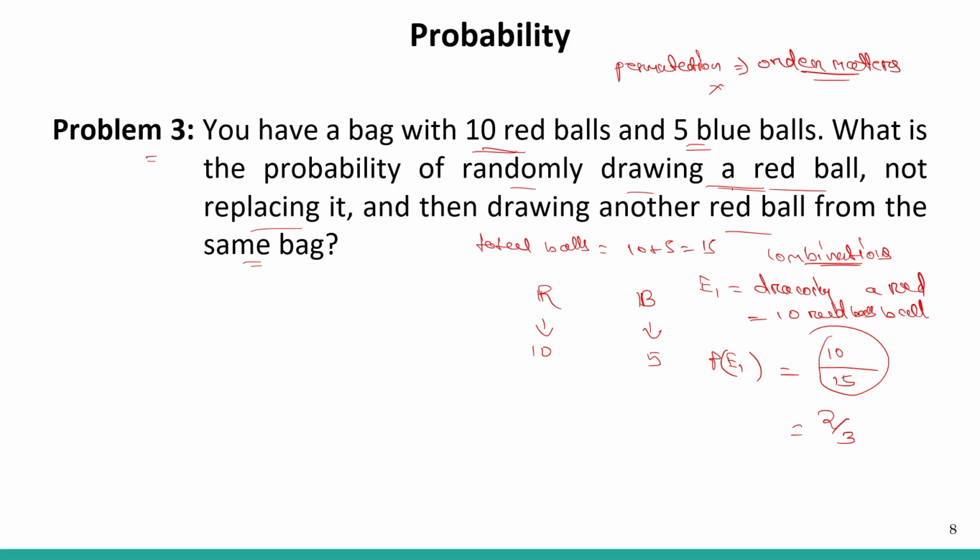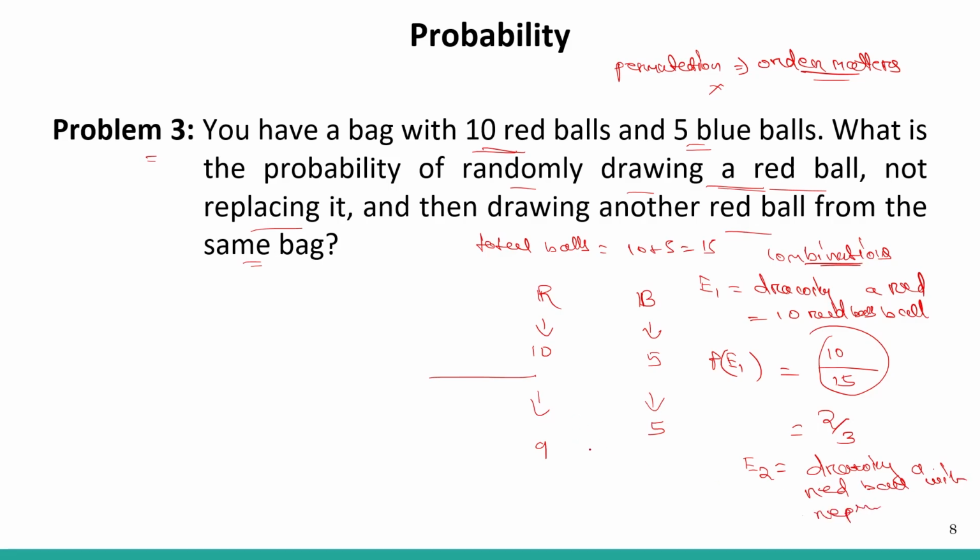Then what we do is we don't replace it. So how many balls are remaining? After getting a red ball, the number of red balls remaining is 9, and the number of blue balls is 5. Now let E2 be drawing a red ball without replacement.